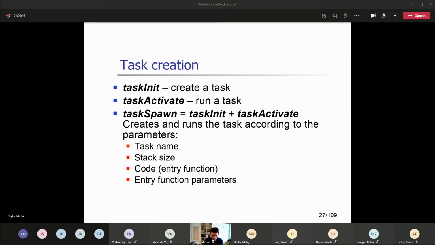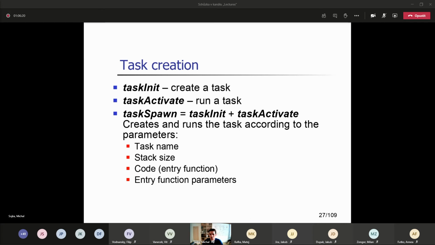So a few more APIs for task management. There are multiple functions which you can use to create a new task.